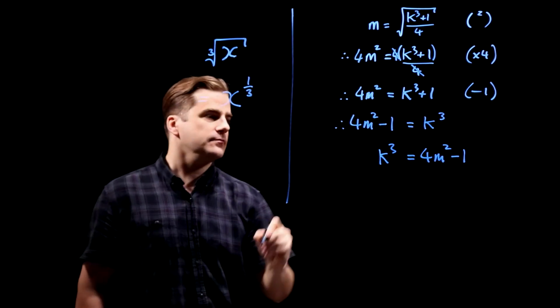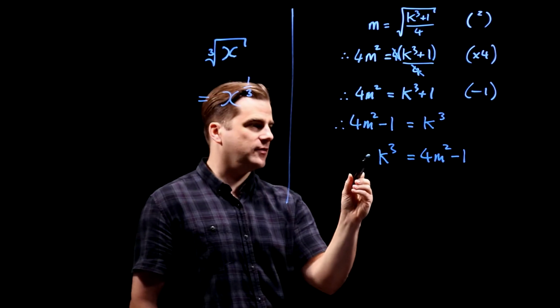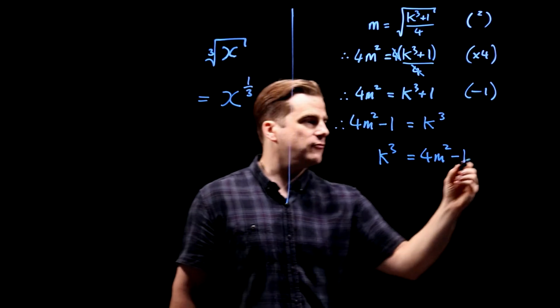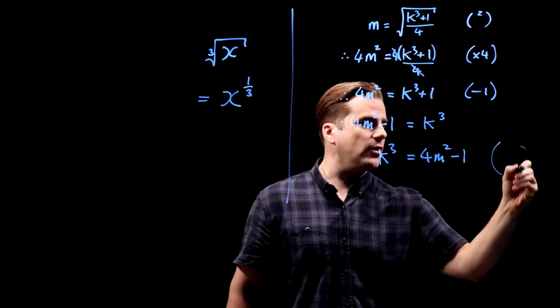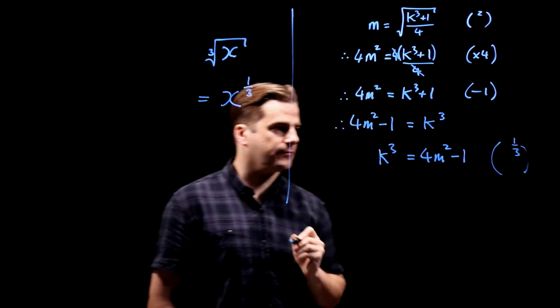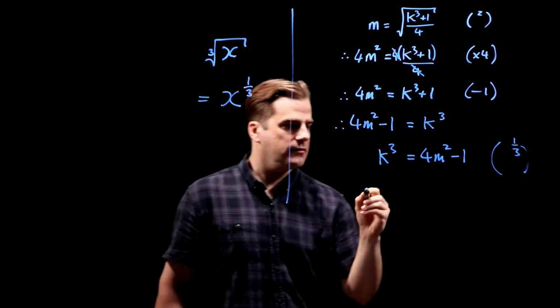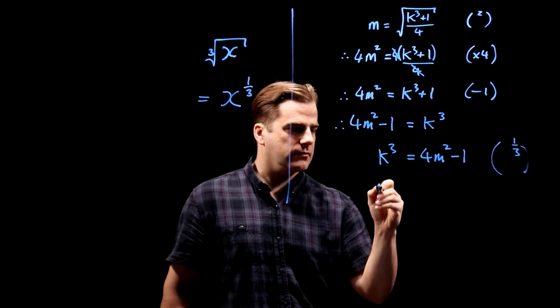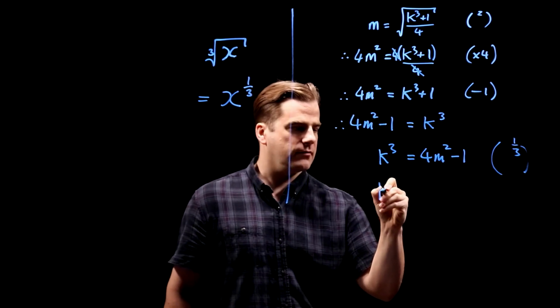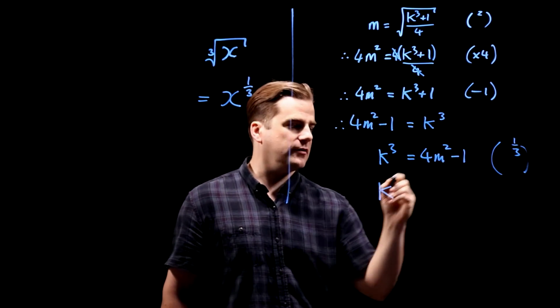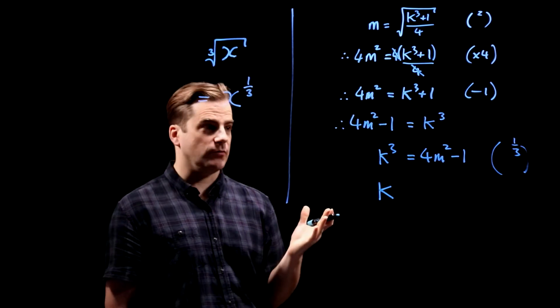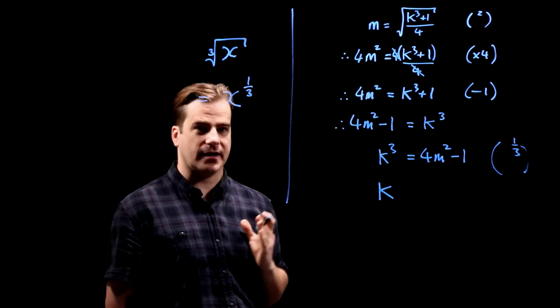So, we have k cubed. To turn that into k, we raise both sides to the power of a third, okay? So, k cubed to the power of a third is just k. We've taken the cube root of something that's been cubed, so we're back to k.